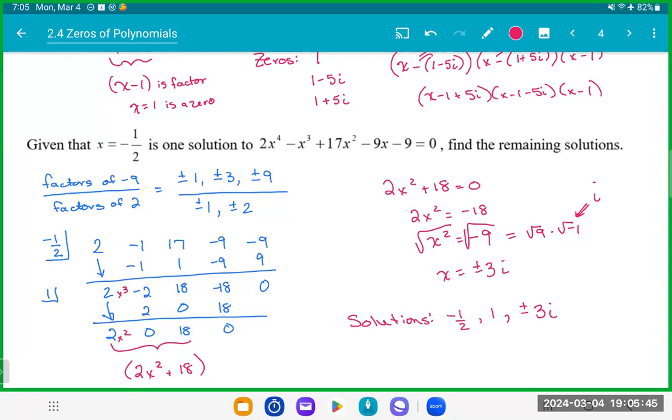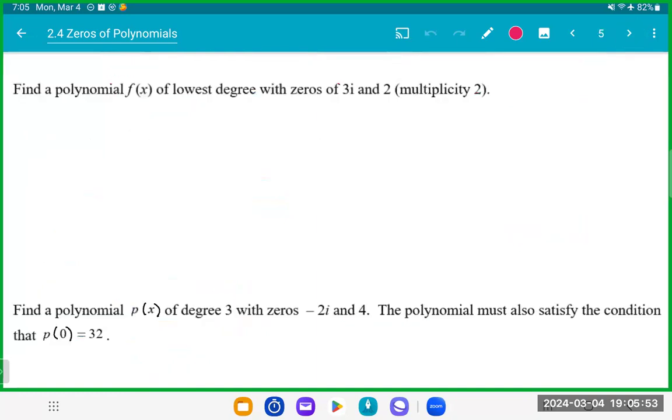Question. Okay, so if we need to find a polynomial of the lowest degree possible, and we're given some zeros, in this case, we're given 3i, but if we're given 3i, we know negative 3i is also a solution, because remember, they come in conjugate pairs.